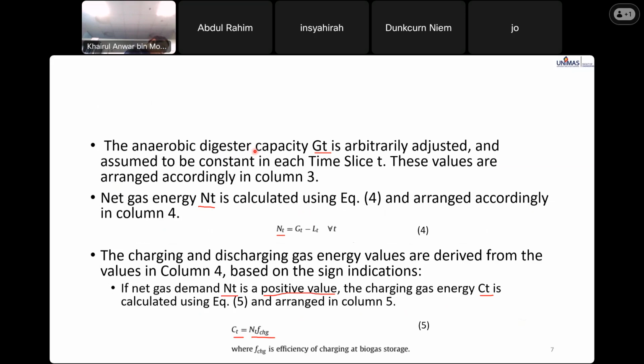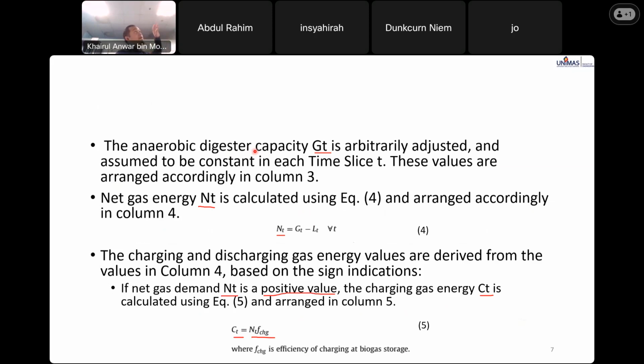Normally for cascade analysis, when we do the iteration, it starts with 0.